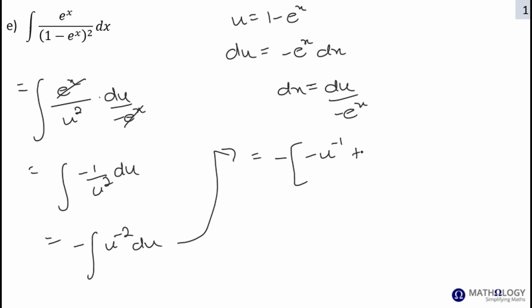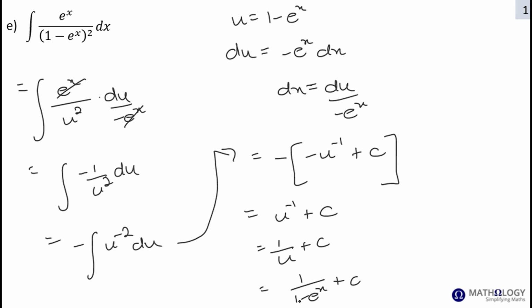This is neater. And we add the integration constant. So we will have minus times minus, we're just going to have u to the minus 1 plus the arbitrary constant. So that's going to be 1 over u plus c, and u we called 1 minus e to the x. So the final answer is 1 over 1 minus e to the x plus c.